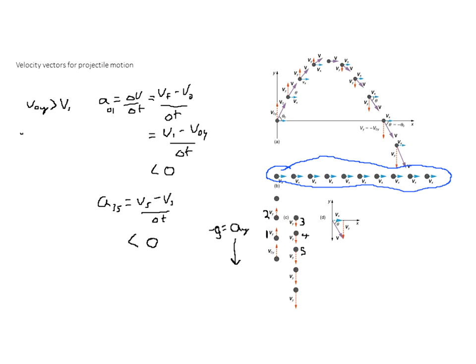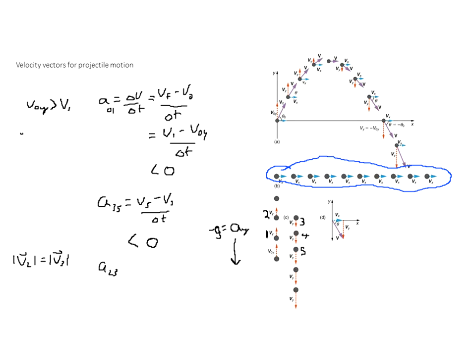So let's look at V2 and V3. Let's just say that these were taken just before the top and just after the top. So let's say that the magnitude of V2 equals the magnitude of V3.